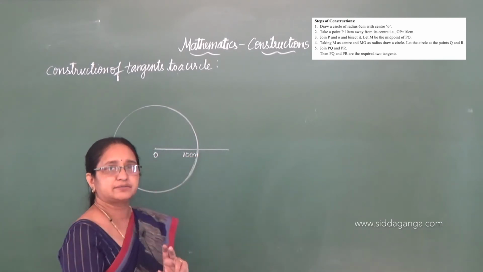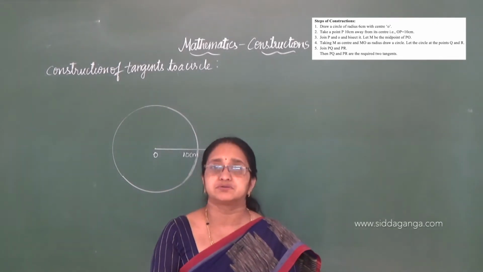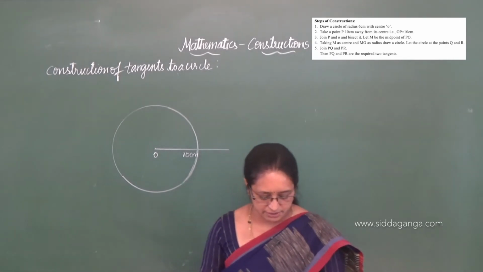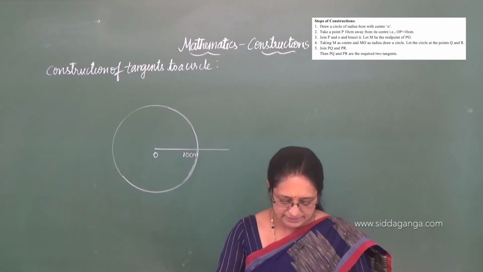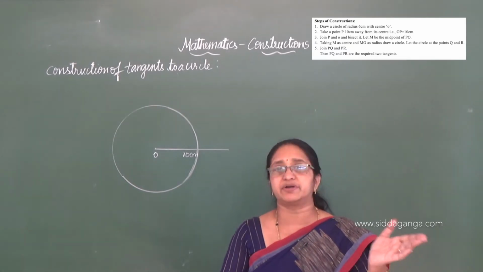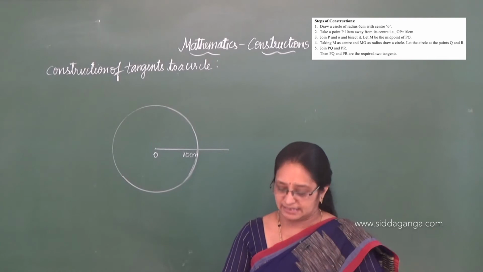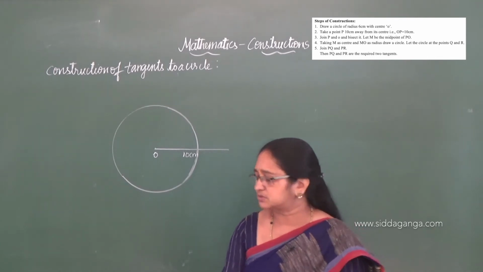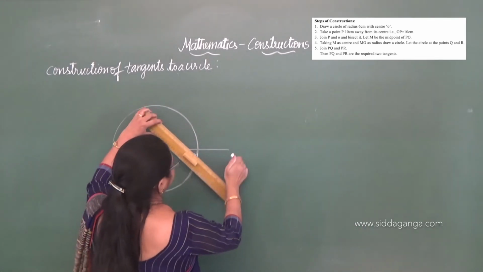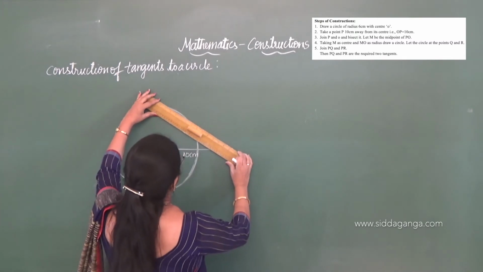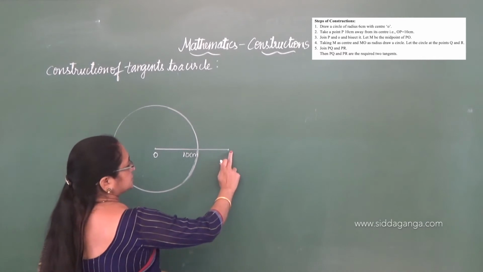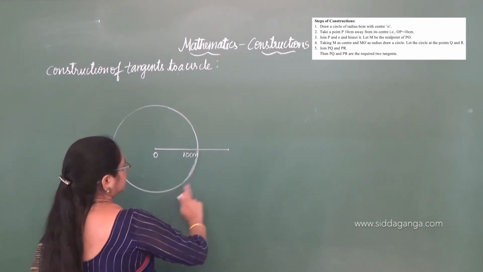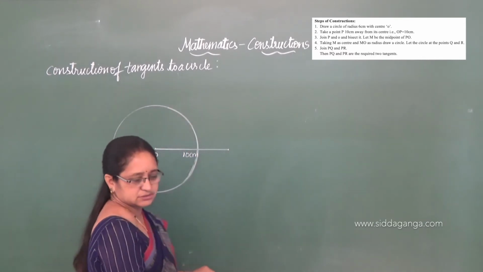Now read the question again: construct the pair of tangents to the circle from the point 10 centimeter away from its center. You have to draw a tangent like this from this point, one tangent, another tangent like this. So you all know this is the external point and you have to draw two tangents like this, understood?